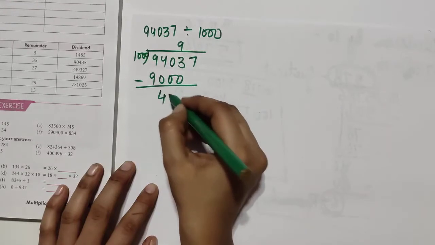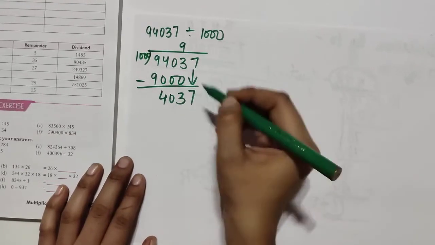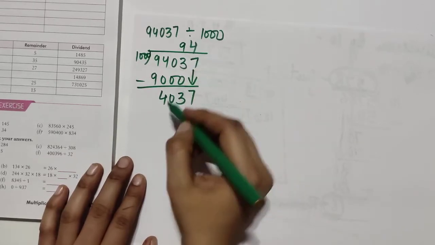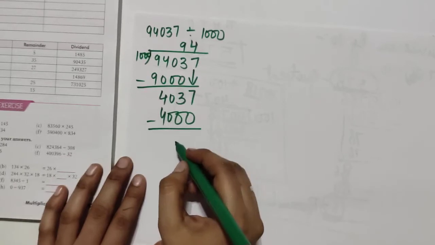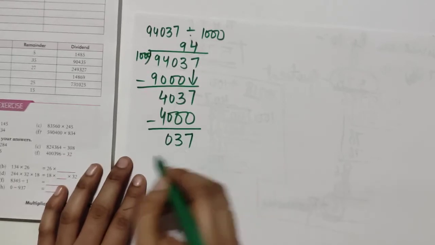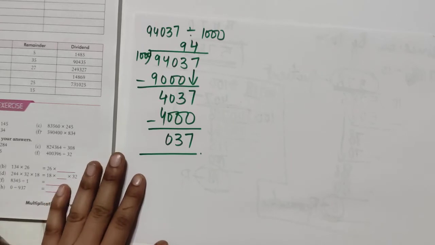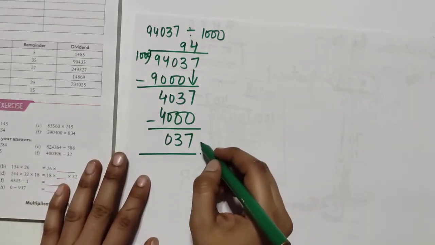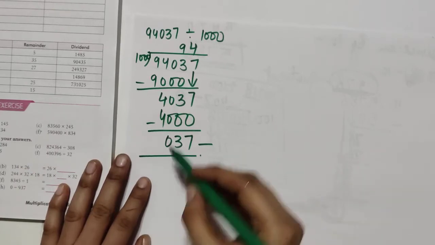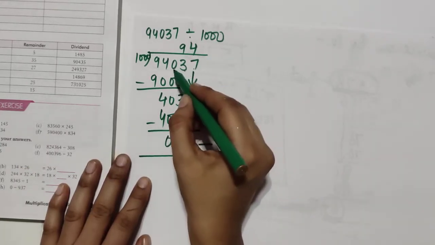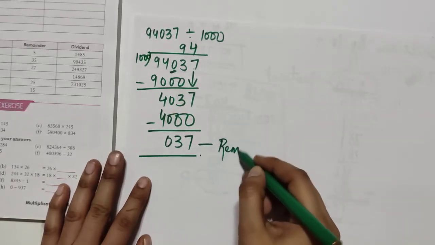So we can write 4,037 after subtracting. 7 will come down. What is left is 037. So as you can see, the remainder is the number formed by the ones, tens and hundreds digits, which is 037.